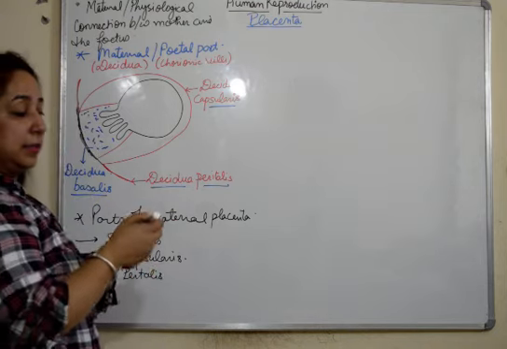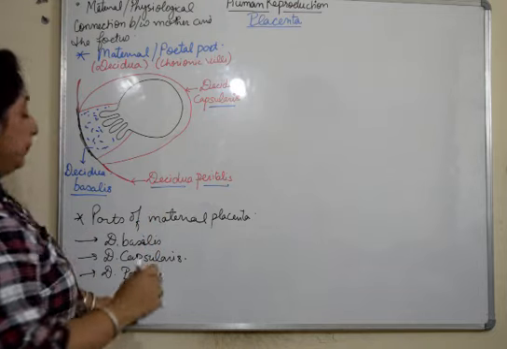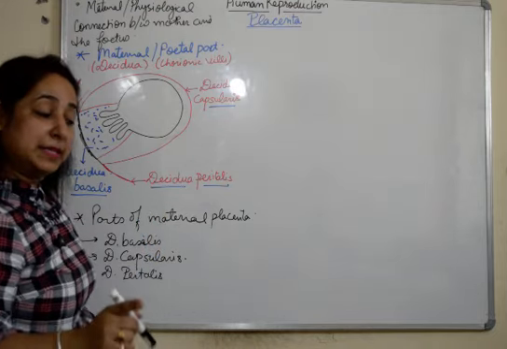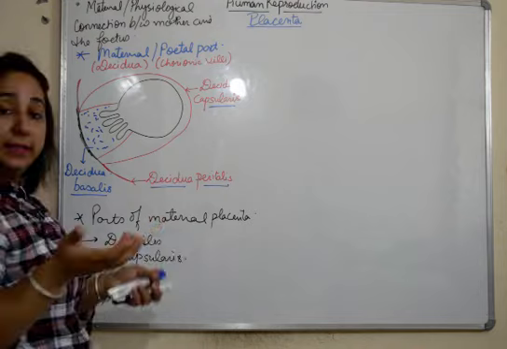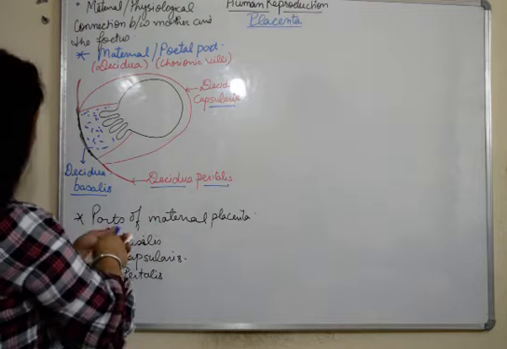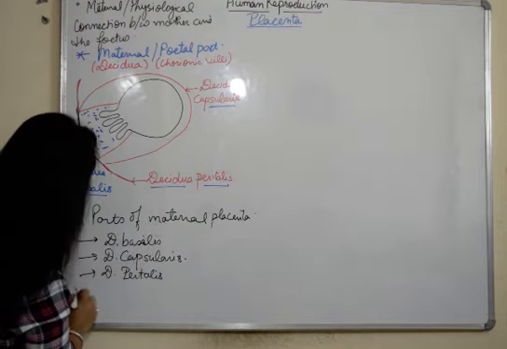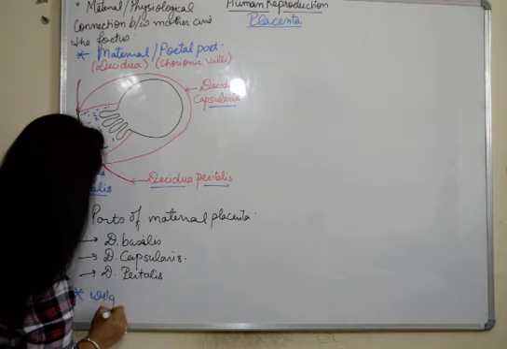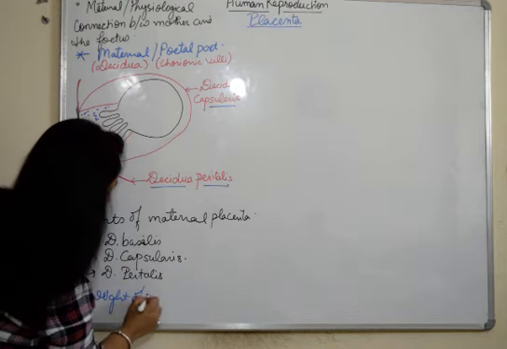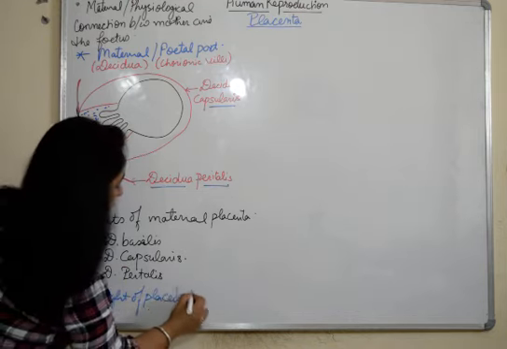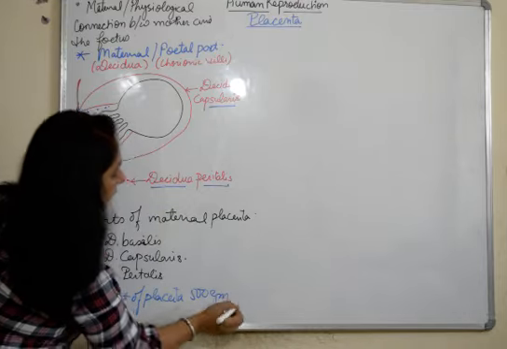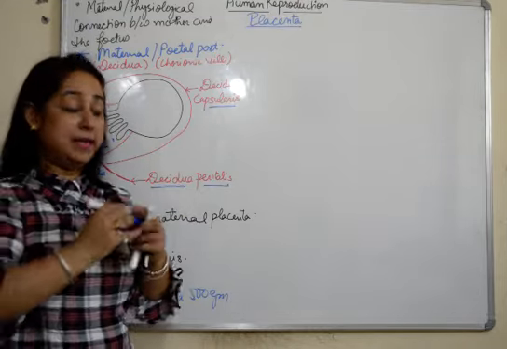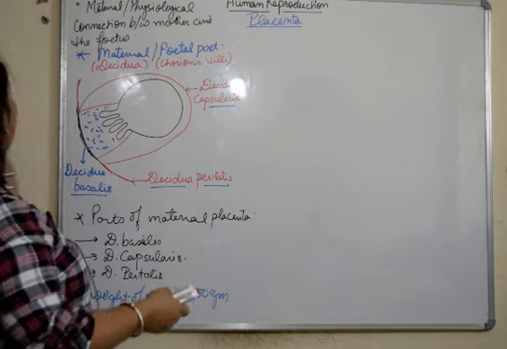So these are the three parts of the maternal placenta, and the weight of the placenta would be approximately 500 grams.